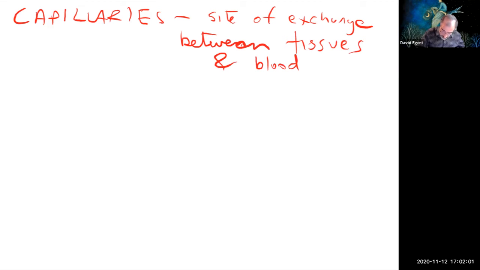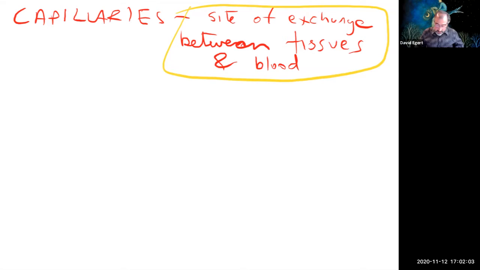Capillaries are the site of exchange between tissues and the blood. This might be delivering stuff like oxygen and nutrients. It might be absorbing stuff like nutrients from your digestive tract or picking up hormones from an endocrine gland. But the basic idea is, this is where materials enter and leave the blood.